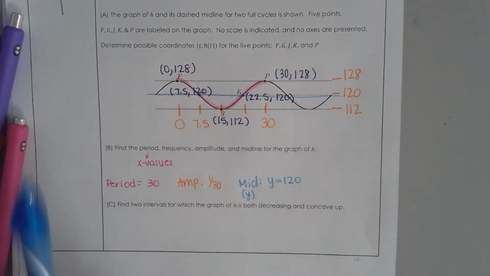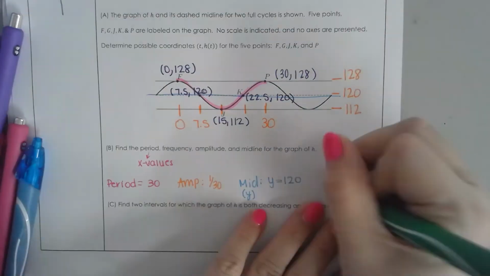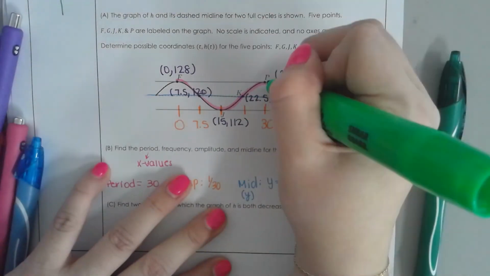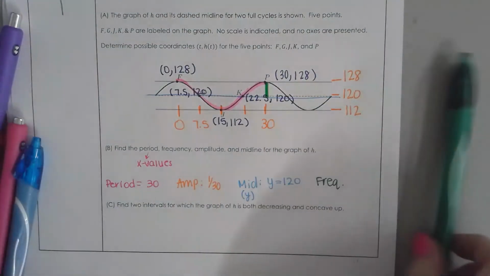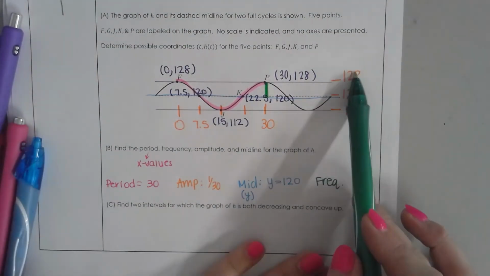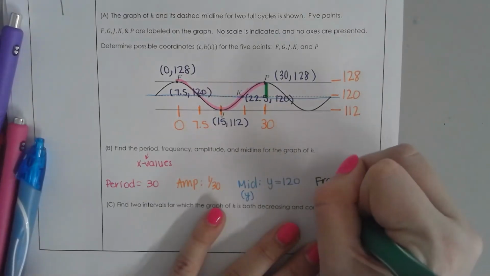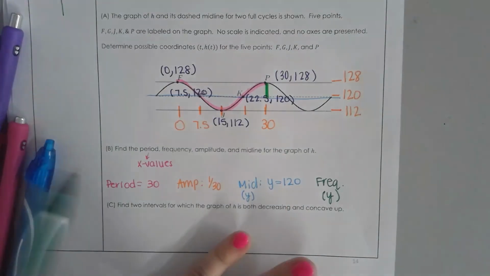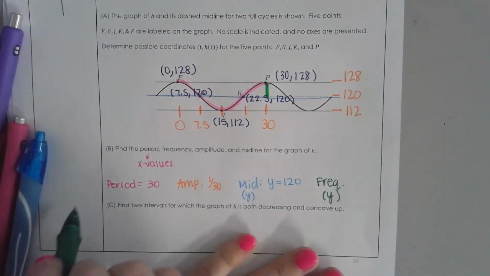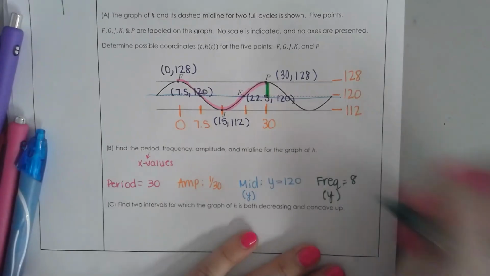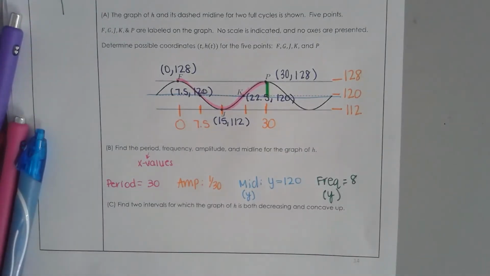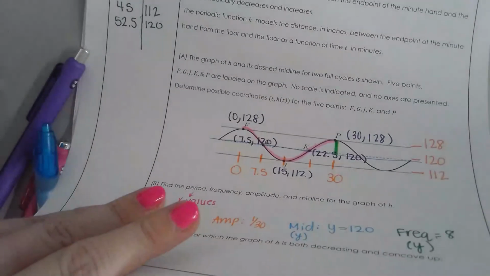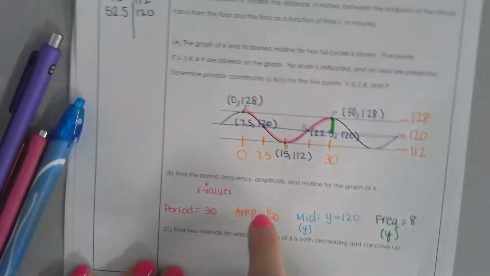And then the frequency, what's your frequency? You're looking at the Y's. So what's the difference between 128 and 120? 8. Your frequency is 8. No, I got those mixed up, didn't I? Yeah, I labeled those wrong.